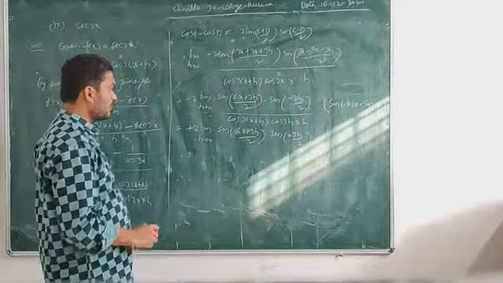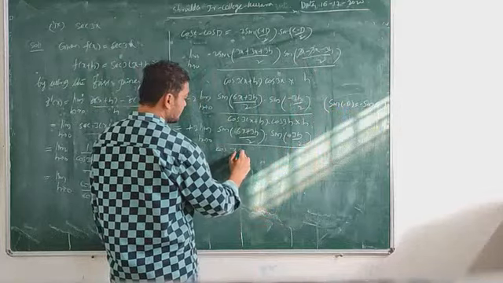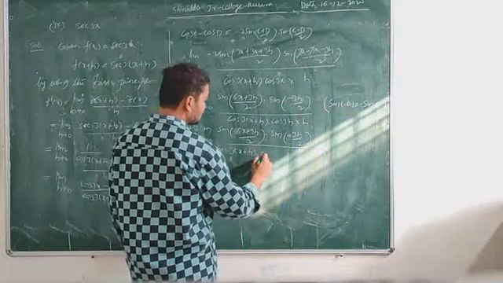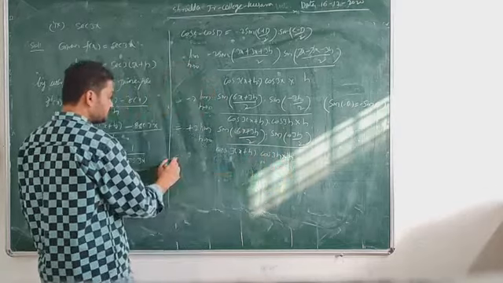So now by cos of 3 into (x plus h) into cos 3h into h.